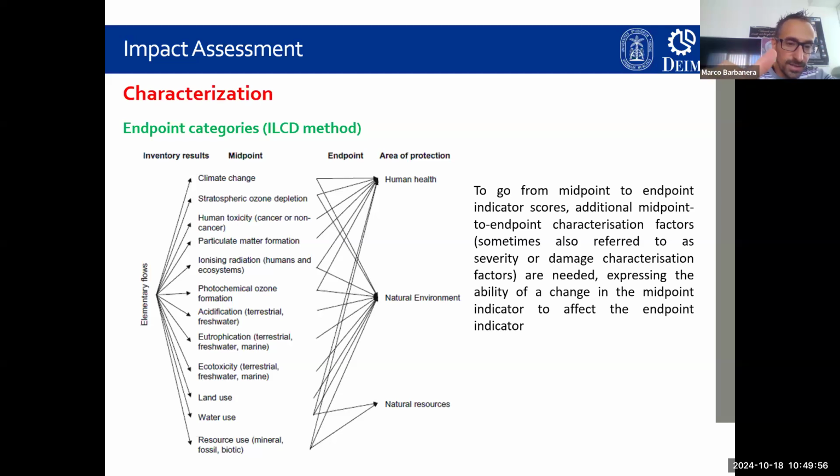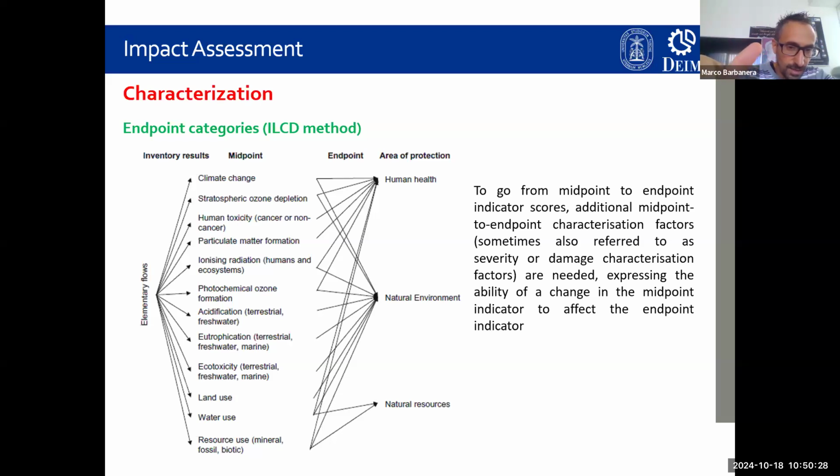In this case, you can see which midpoint categories contribute to each endpoint category. For example, for natural resources, only water use and resource use contribute to this endpoint category.